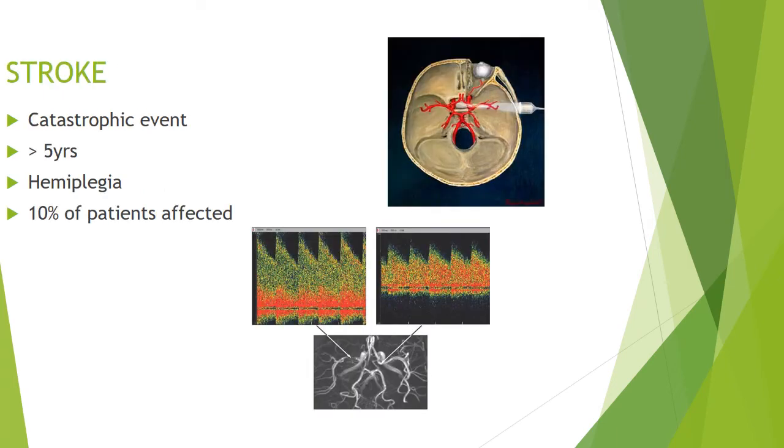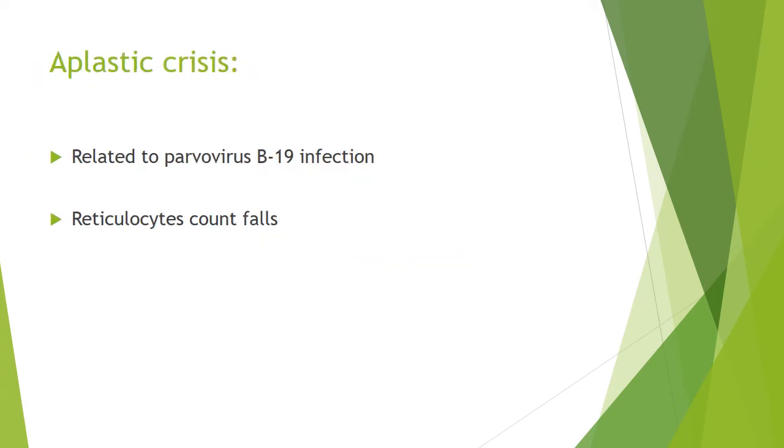Around 10% of patients with sickle cell anemia have stroke, and around 25 to 30% have occult strokes. Aplastic crisis. It occurs suddenly due to cessation of marrow erythropoiesis, which is related to parvovirus B19 infection. Here, the reticulocyte count falls and erythroid precursors decrease.